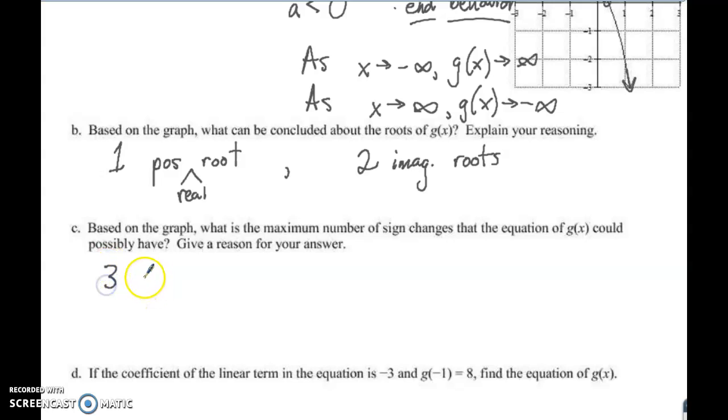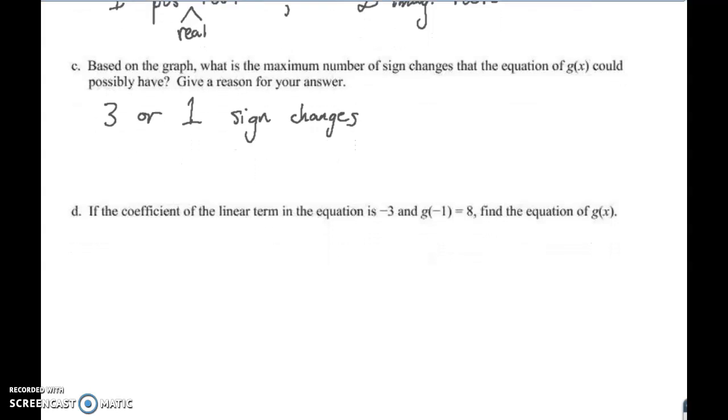But I don't know for sure if it's 3 or 1 sign changes. It's definitely not 2 though, because if there are only 2 sign changes, then it would be 2 or 0 positive real roots, and we definitely have 1. So some sort of reasoning like that.